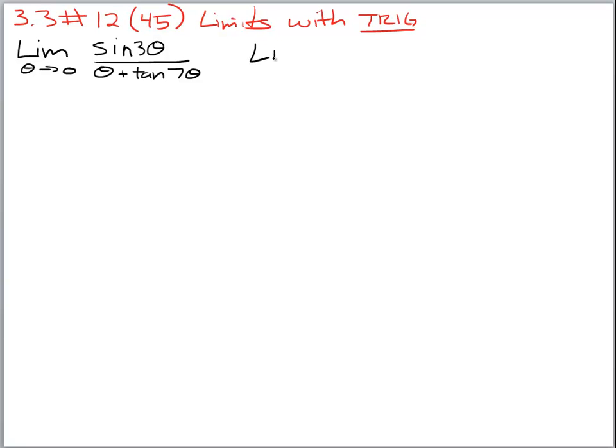Things like we know that if we're taking the limit as x goes to 0 of sine of x over x, we've proven that that actually equals 1.